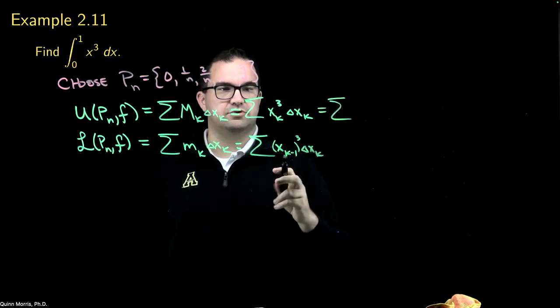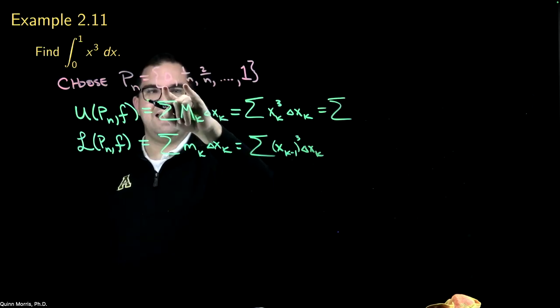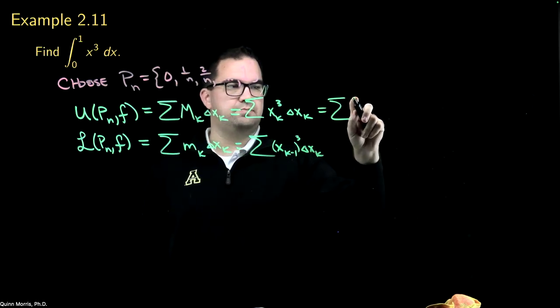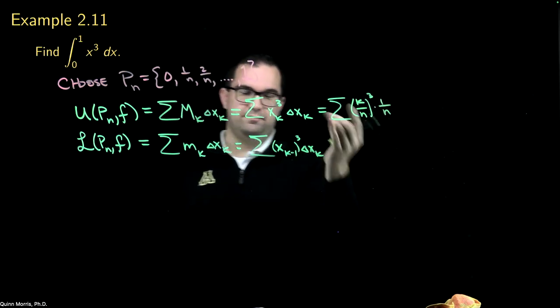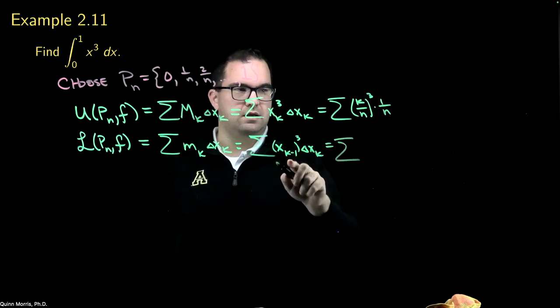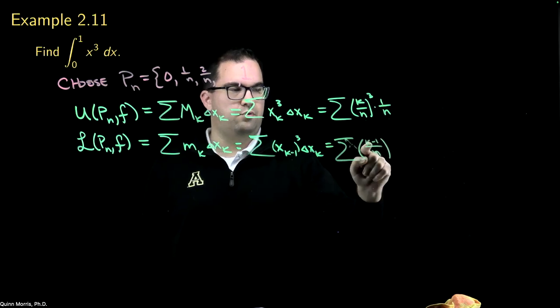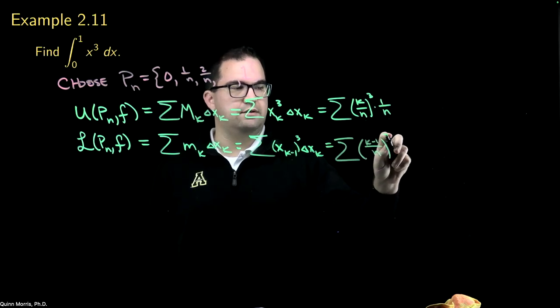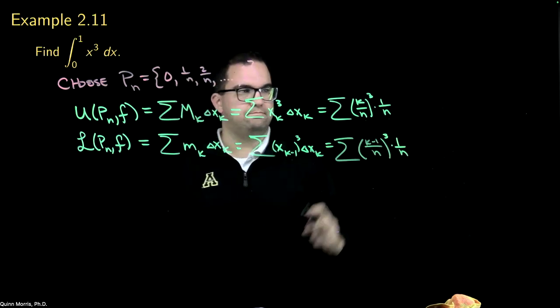Now, plugging in what those values are, the right-hand endpoint of the kth interval will just be k over n, and the width of every subinterval, but in particular the kth one, is 1 over n. Down here, the left endpoint will be k minus 1 over n. And again, the kth subinterval has width 1 over n.